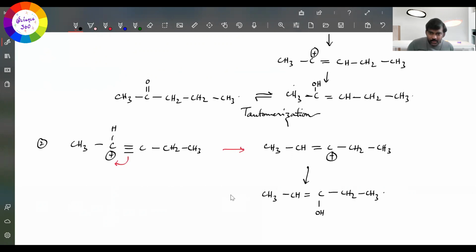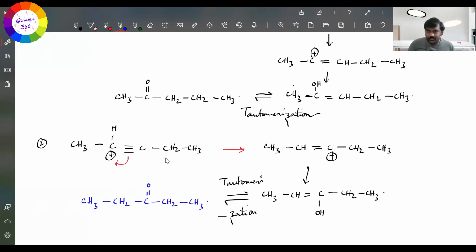Now again it will undergo tautomerization. After the tautomerization, it will convert into the corresponding ketone. So now it will become CH3, C double bond O, CH2, CH2, CH3.